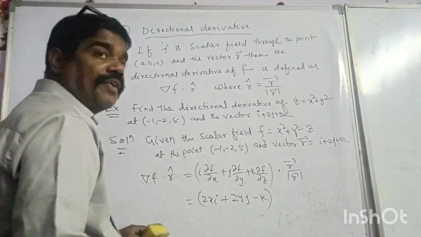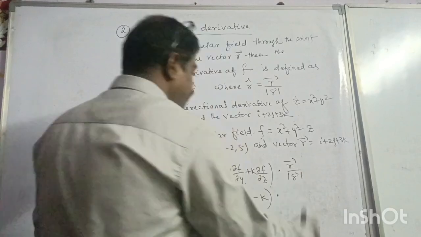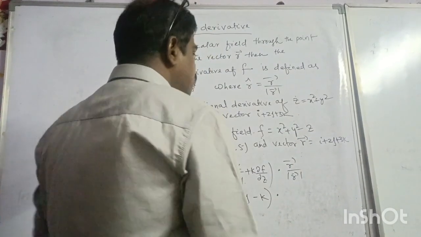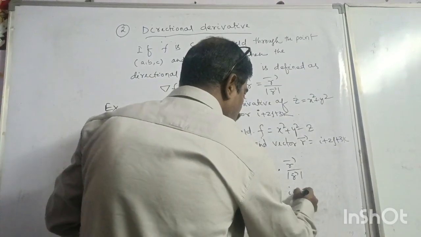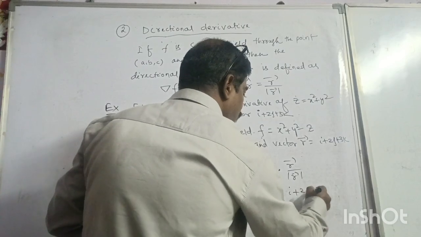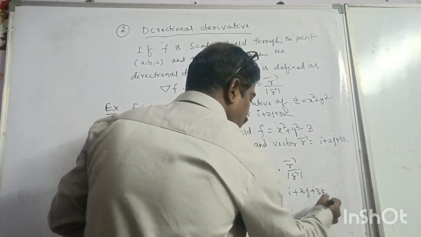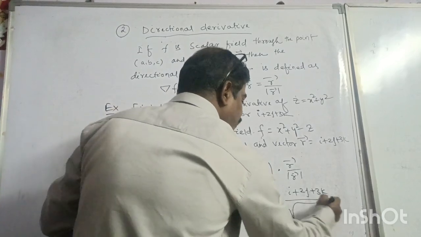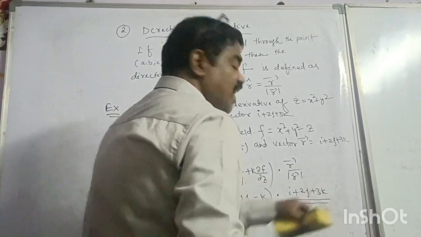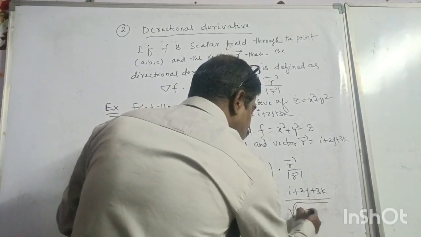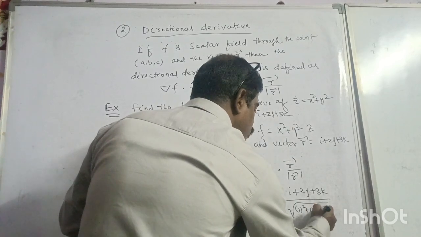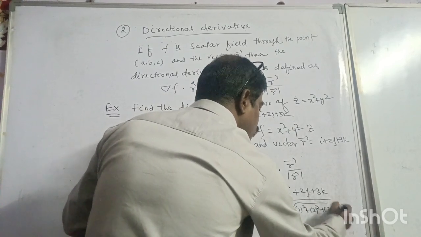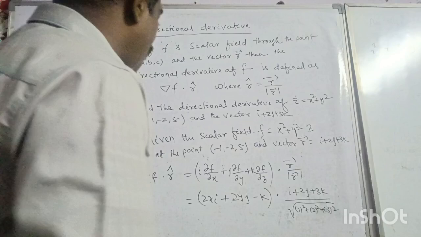Dot. R vector how much is given? i plus 2j plus 3k divided by mod r vector, which means under root of the coefficients of i, j, k: 1 square, 2 square, 3 square. Have you understood or not?